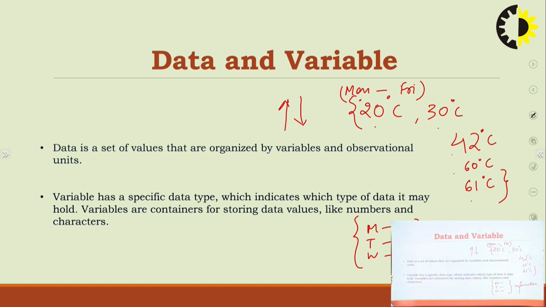Okay. Now see what is a variable. A variable has a specific data type which indicates which type of data it may hold. Basically, variables are containers for storing data values like numbers and characters. In my previous slide, I told you, let's say X was there, which holds the value of A plus B, right?